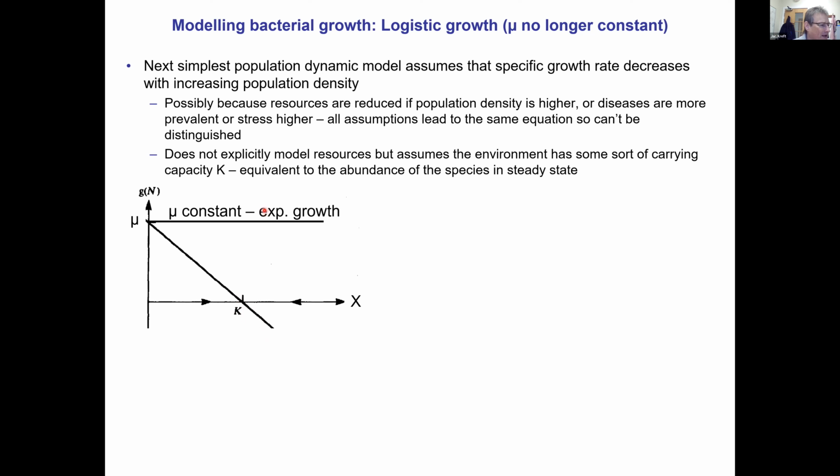So in the exponential growth model, we assume that mu is constant, so independent of population density. Now we assume that mu is a function of population density, and the function looks like this. This is our mu, no longer constant, but it's now 1 minus x over K. Now, if population density is very low, x over K is close to 0, so then we recover our exponential growth, where this term here becomes 1.